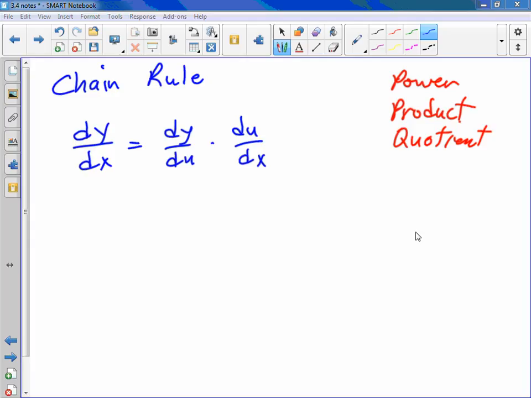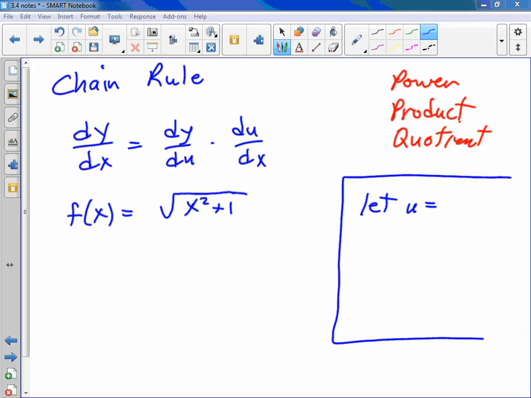Let's do f of x equals the square root of x squared plus 1. Okay? And you can think of it like this. Let u equal, and I do these off to the side all the time. And you don't have to do it this way. After you get used to these, you can probably just look at it.